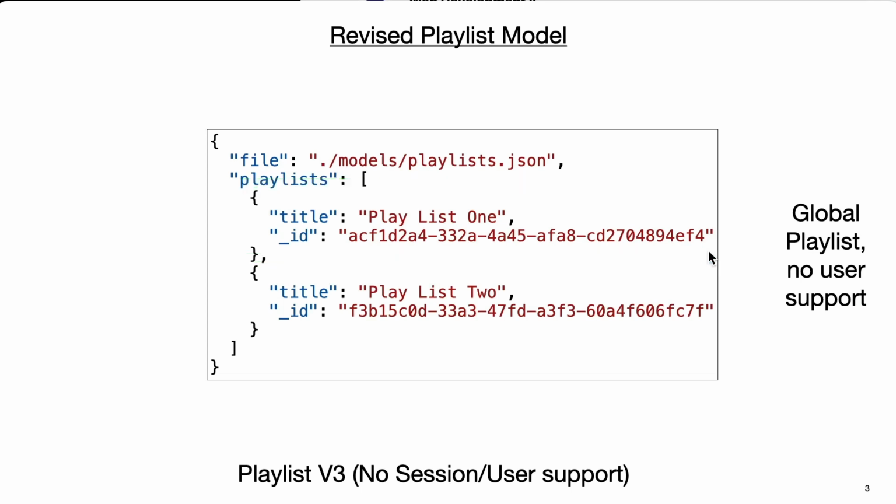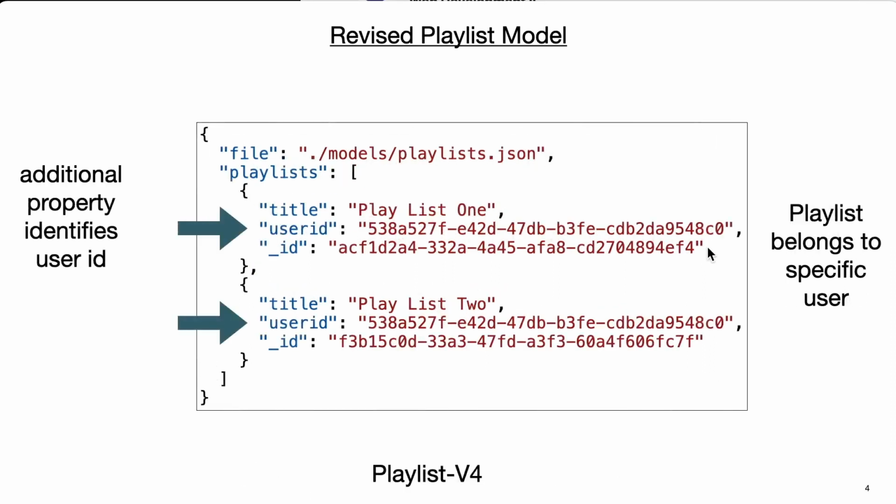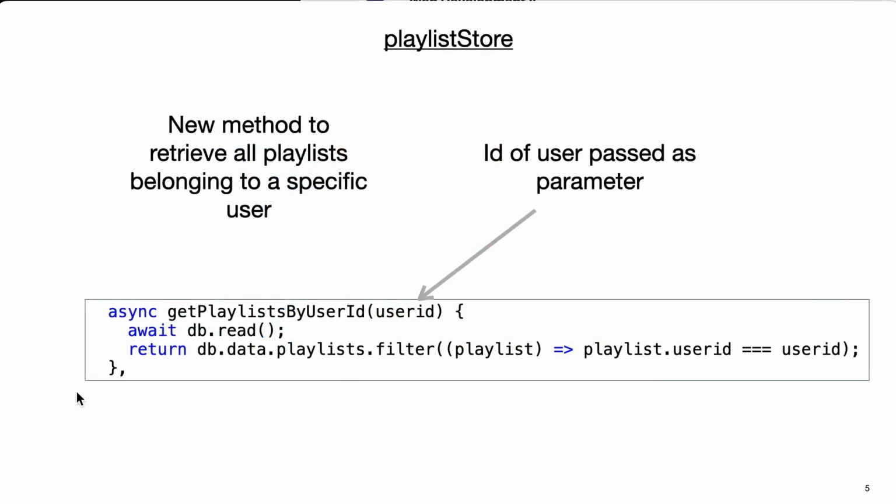So how would we associate playlists with a logged in user? Well, it's reasonably straightforward. We introduce another attribute into the playlist. We'll call this user ID. This is going to be an ID associated with the user who created the playlist. This, I guess, will be the user who was logged in when the playlist was created.